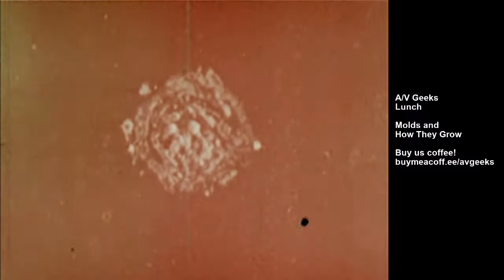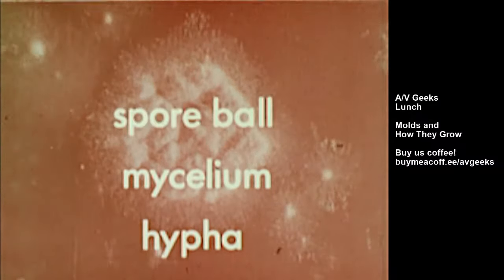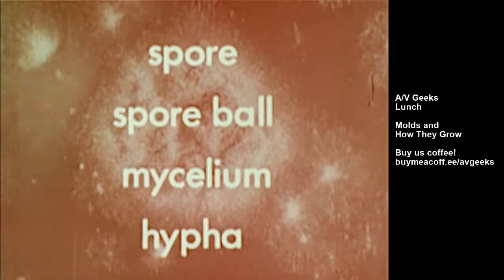Again, with the time-lapse camera, we can watch as the mold spreads out over the medium. Once more, and with the stages of growth and the parts of the mold's anatomy: hypha, mycelium, spore ball, spore.